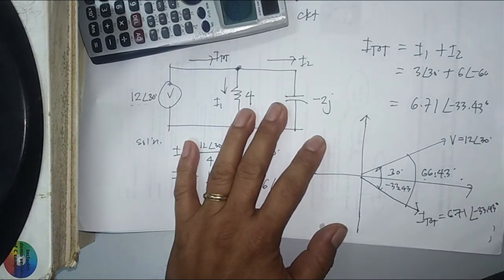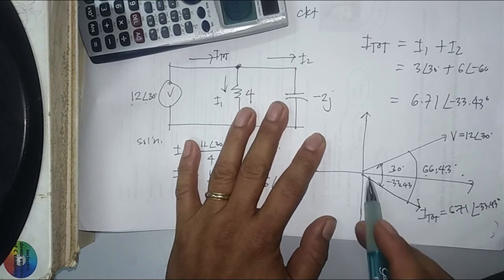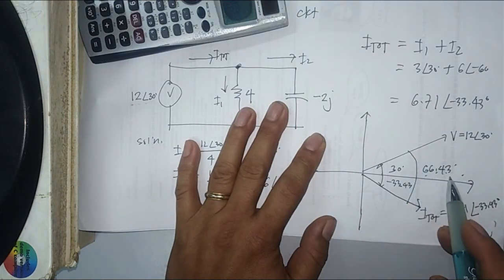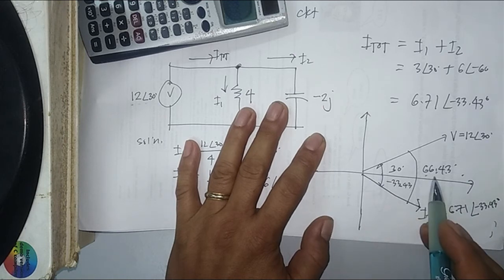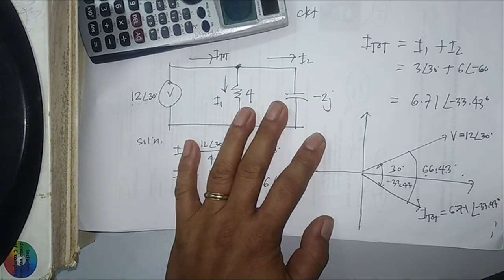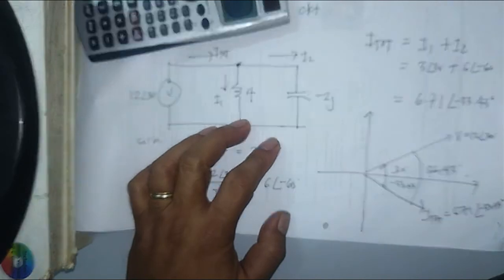Or you may say the current is lagging the voltage by 66.43 degrees. Am I clear? Okay, that's it for today.